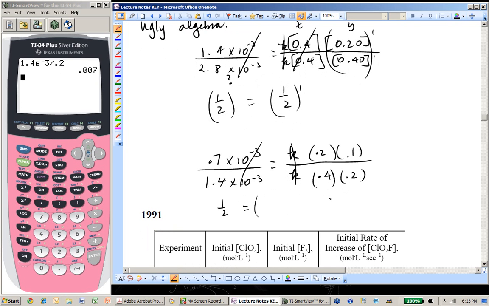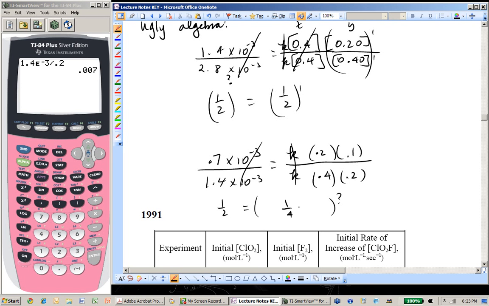And this side, you're wondering what the exponent's going to be on it, because that's the relationship with the rate. So 0.2 times 0.1 is 0.02 over 0.2 times 0.4 is 0.08, lovingly known as 1/4.